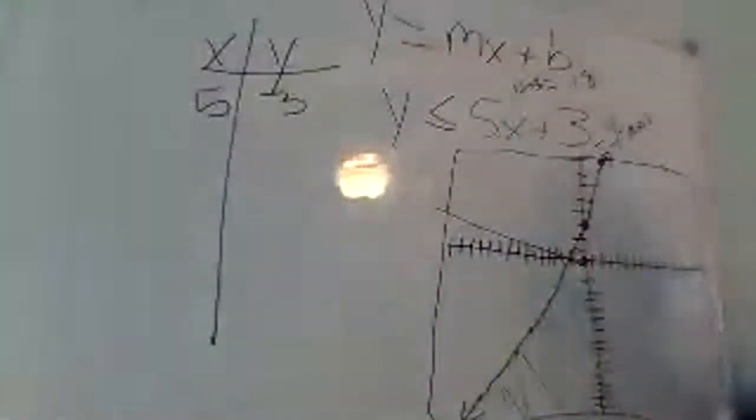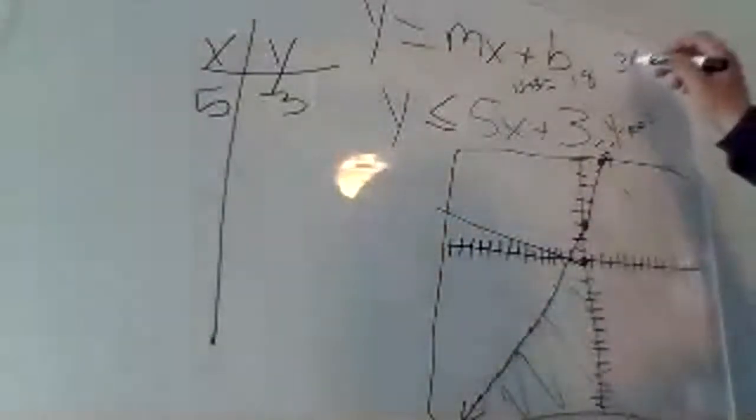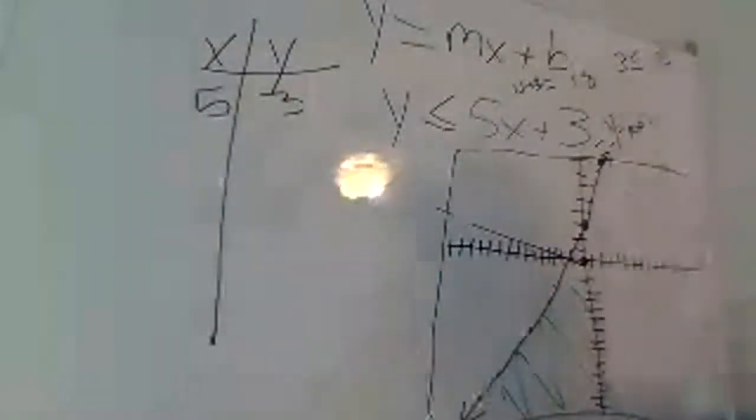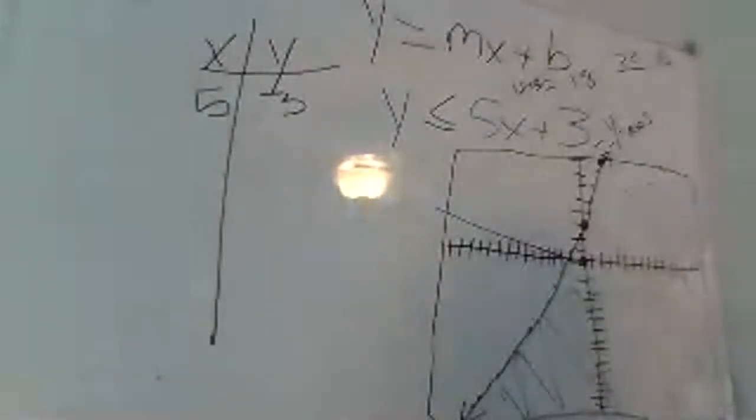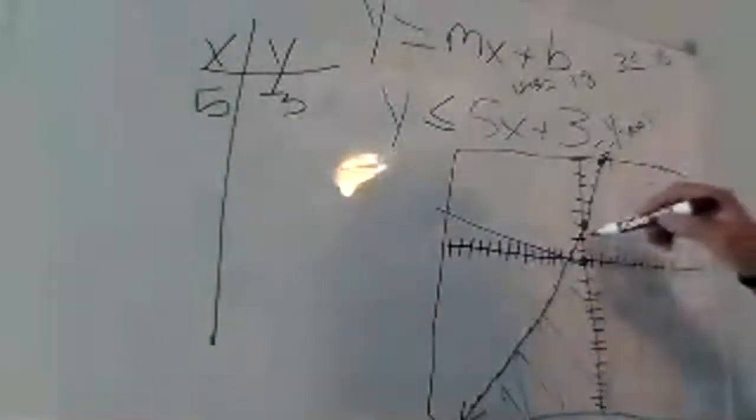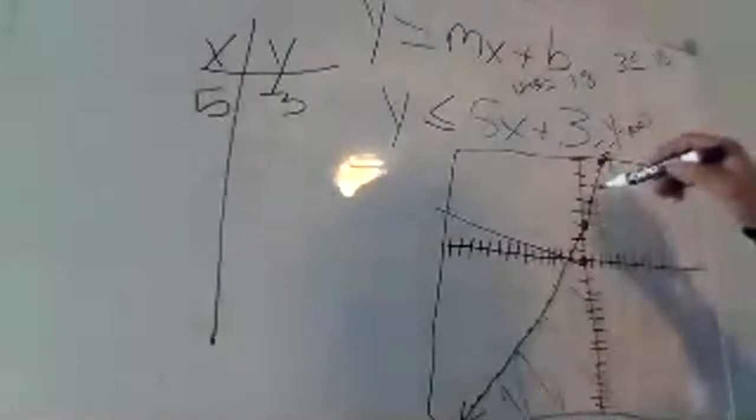So is it true that 3 is less than or equal to 18? Yes. So you know that those could be 2 points that could be found. Right? And let's see if that's true. 1, 2, 3, 4, 5. And then 1, 2, and 3. Yeah. Okay. So just think of it that way.